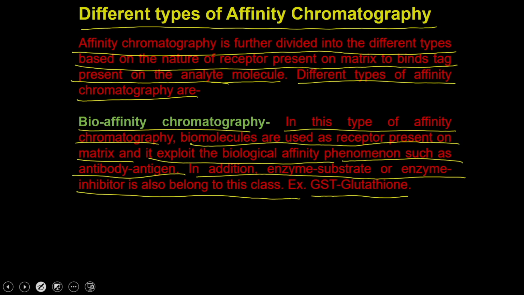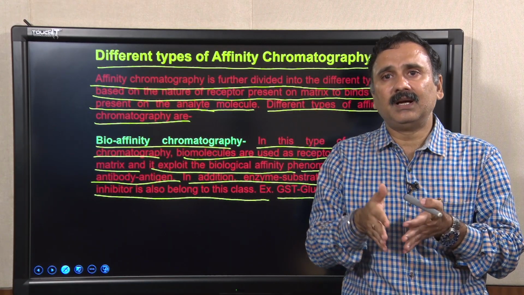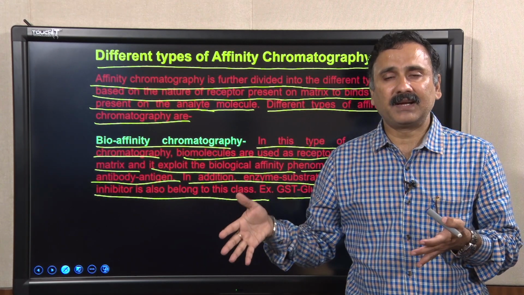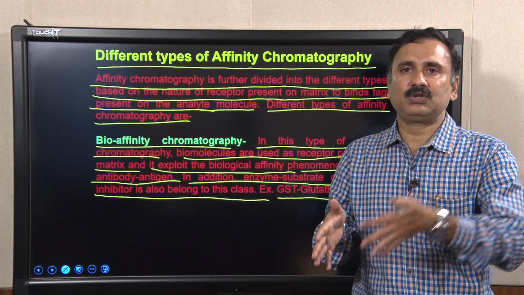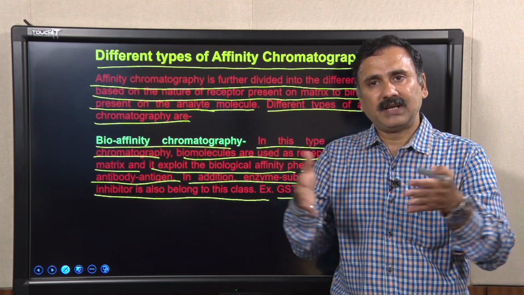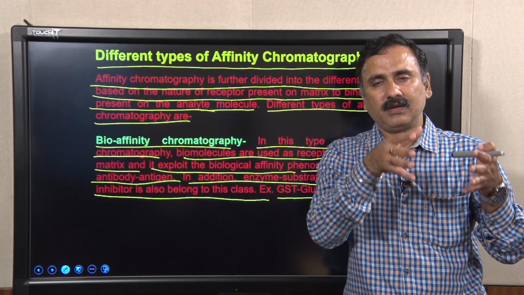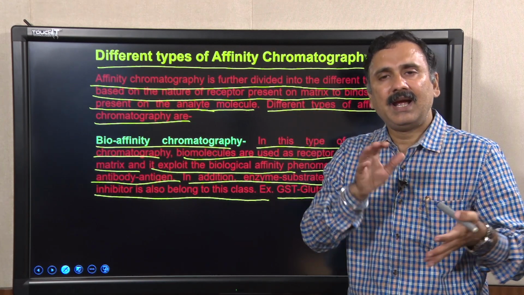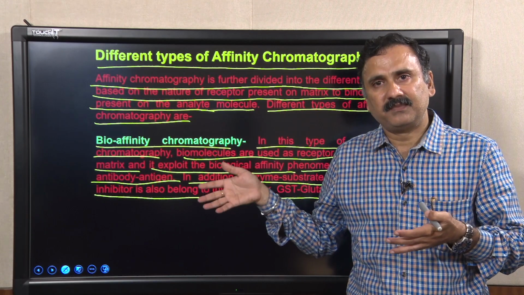So, bioaffinity chromatography is a chromatography where you are utilizing pre-existing natural ligand receptor complexes, which means you know that this ligand binds to this receptor and you can utilize this pair. So, in this case you are either tagging the receptor to the beads or the ligand to the beads, and then you can use the cognate pair for the purification of substances.